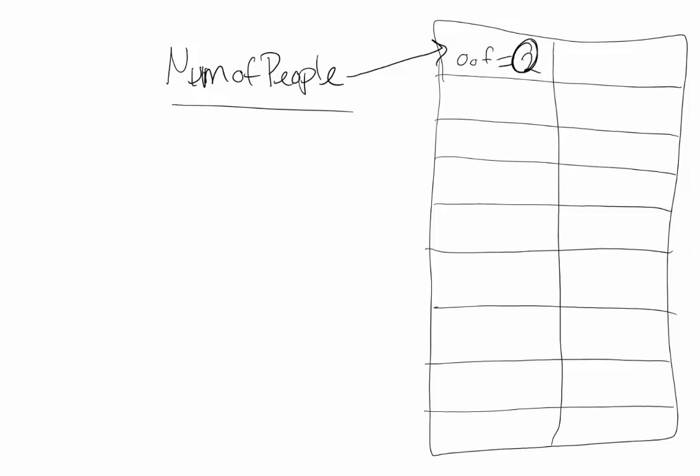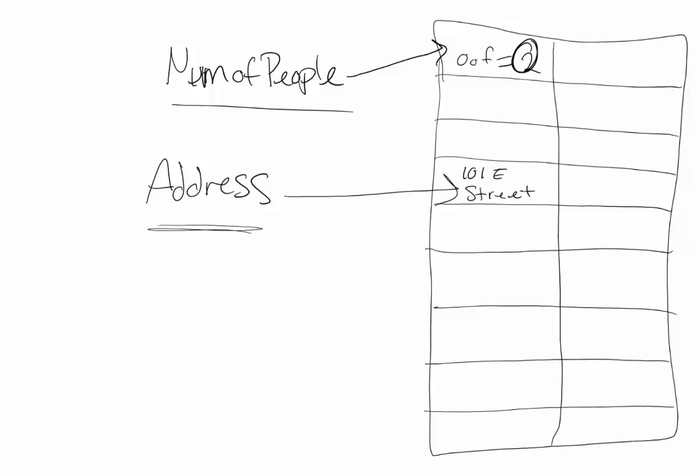Now, variables can be used not only to store information, but to change that information. So if I have, let's say, an address for my customer, and I'm linking that address to one of these memory locations, and let's say inside of here, I've got 101 East Street as their address. But then the customer tells me through my form, my address has changed.